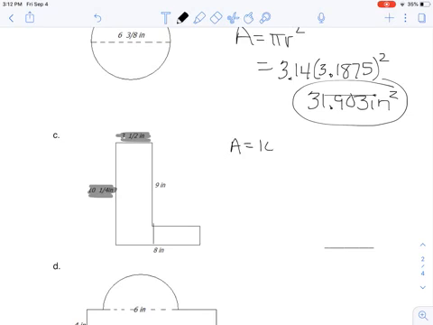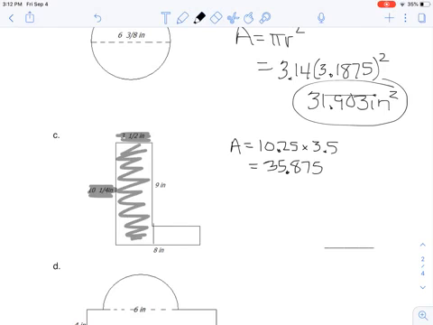So we're going to go 10 1/4 times 3 1/2. I got 35.875. And that gives me the area for this section right here.